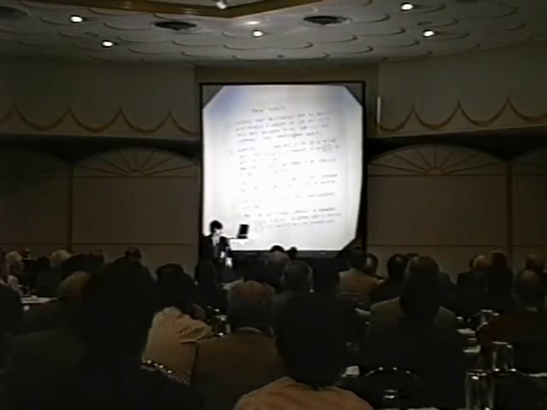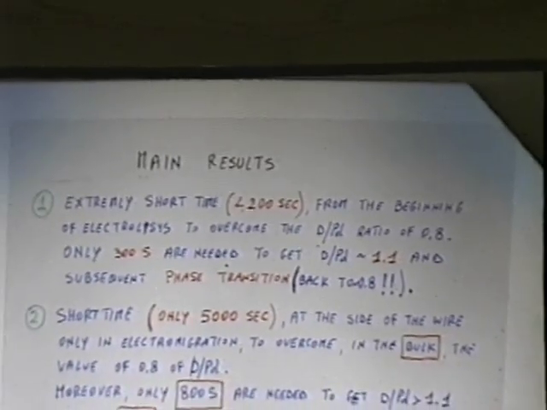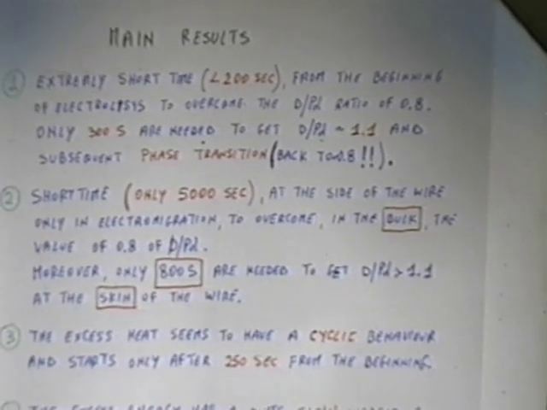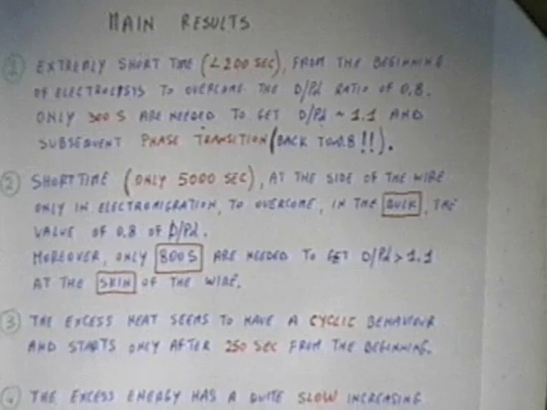These are the main results we get. Mainly, the time to get a loading ratio larger than 0.8 is only 200 seconds. And after there is another increase up to a loading of about 1.1 from simple calculation.